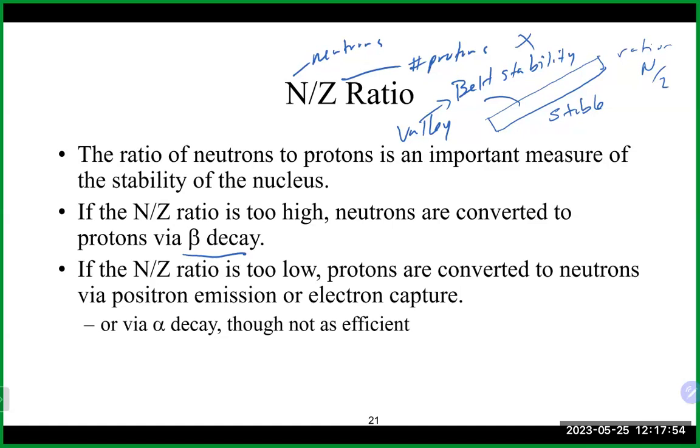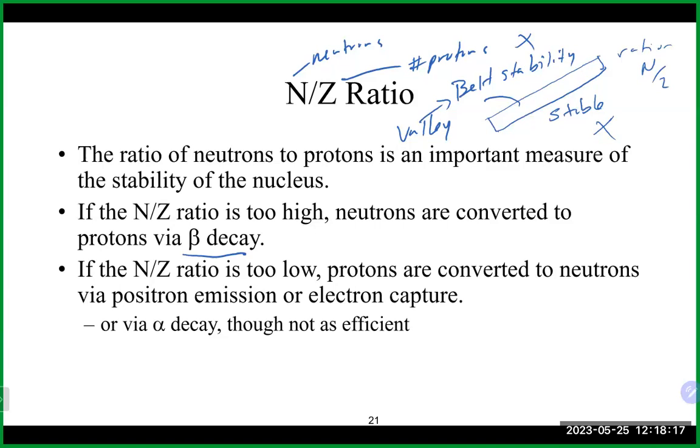Now, the other option is you might find yourself a little bit lower than the belt of stability. And if you are lower than the belt of stability, your nucleus will go through one of two processes. It will go through either a positron emission or an electron capture.